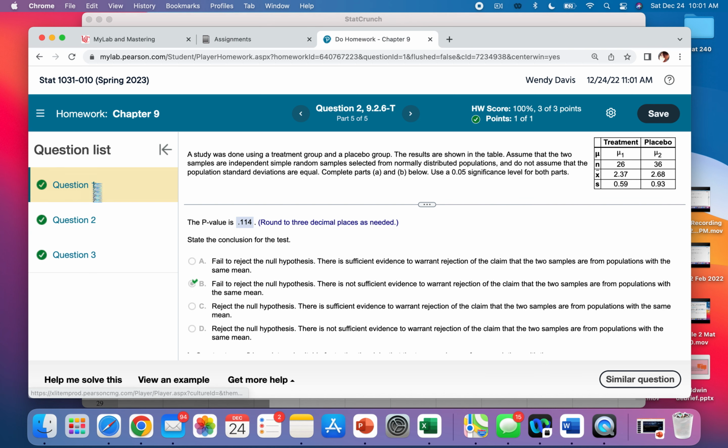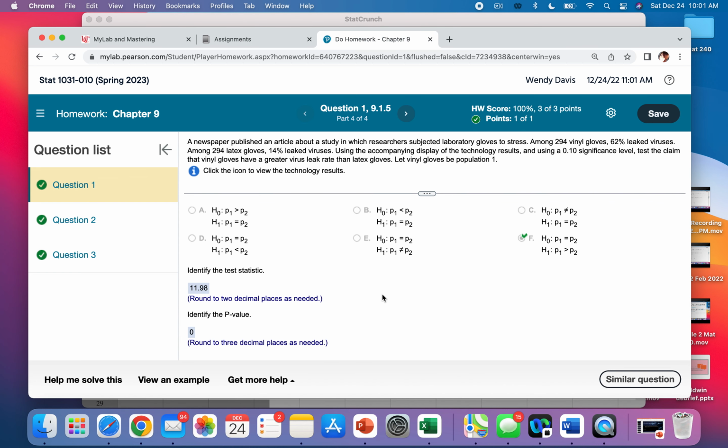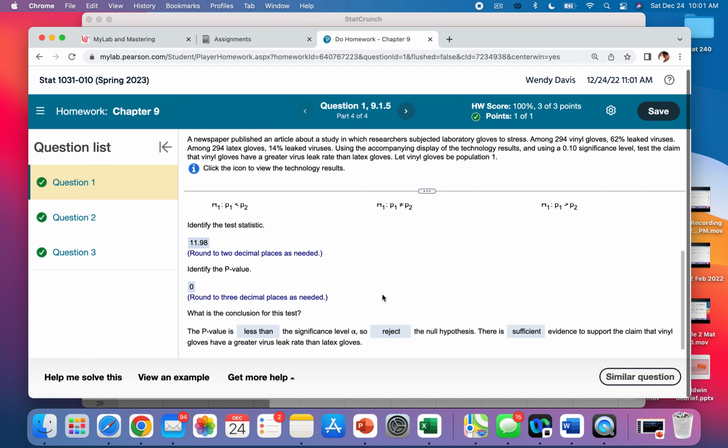Did that ask that in question 1? Maybe I just didn't scroll down. There we go. Back to question 1. The p-value was less. The p-value is 0, which is less than the significance value of 0.10. When the p-value is less, you reject. There is enough evidence.